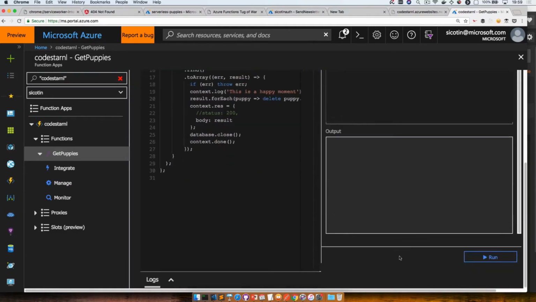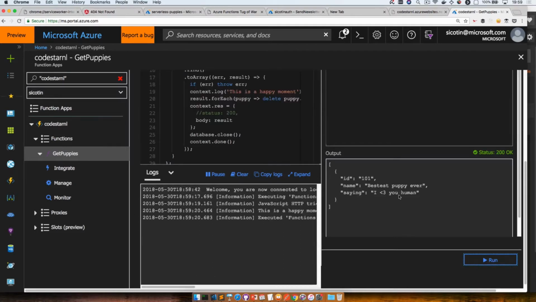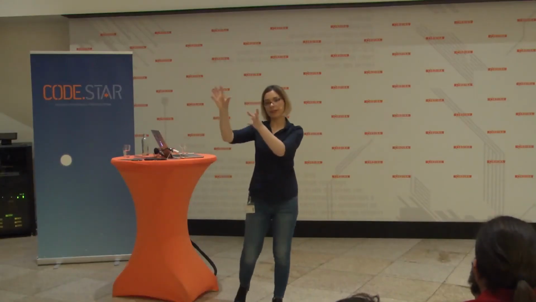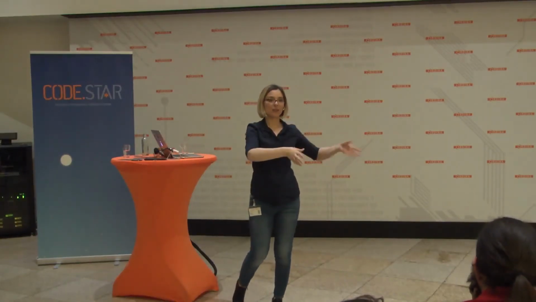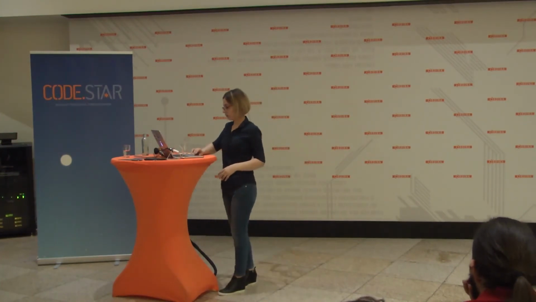So I can go ahead and just click run, and this will show me the logs as the function is running as well. And the output here. So just to get an overview of how it looks in the browser, and then VS Code plus Postman, you choose what feels best.